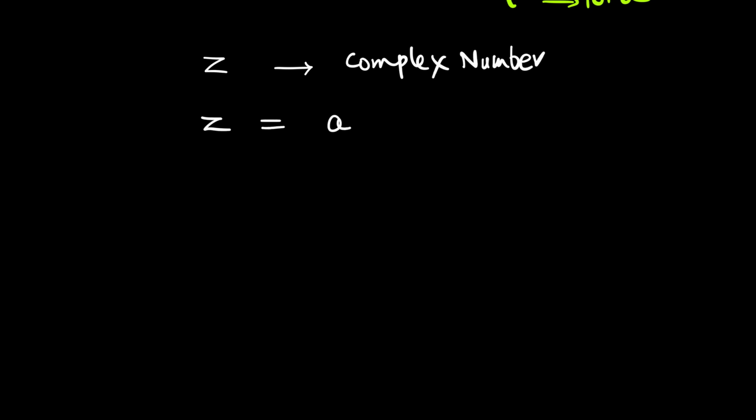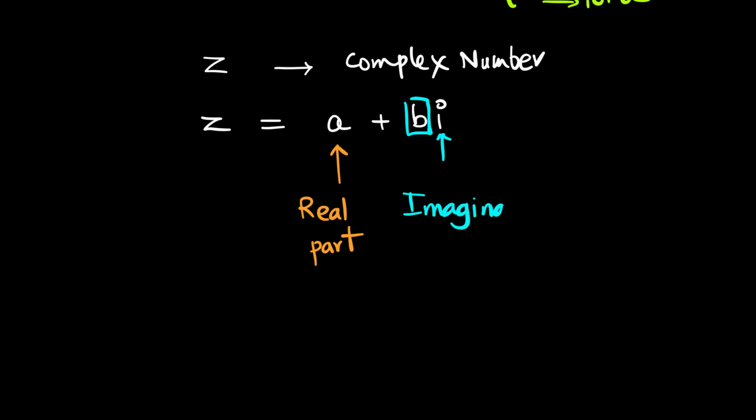In general, we can say that z is a complex number, and a complex number is made up of two parts, a plus bi. a is known as the real part of the complex number, and b, the number attached to i, is known as the imaginary part of the complex number.